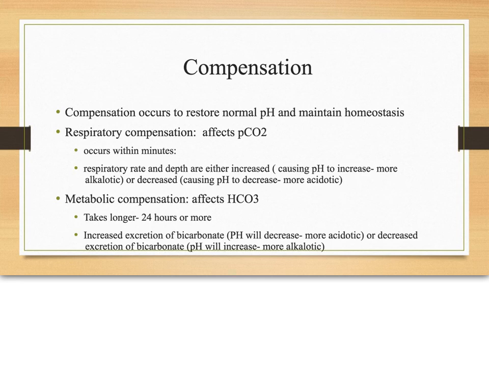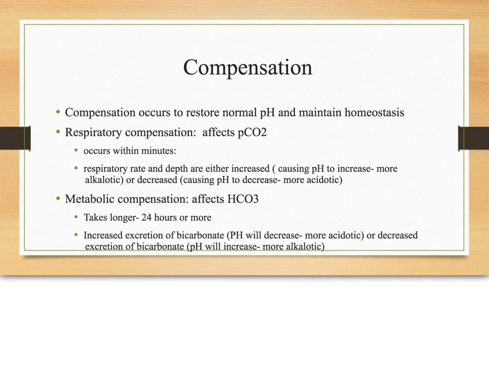There are two different types of compensation, two different organs involved. The first is respiratory compensation, and we can tell that's occurring by focusing on the PCO2. The important thing to know about respiratory compensation is that if it is present, the lungs can compensate very quickly, within minutes, in the presence of a pH abnormality. The lungs can do one of two things.